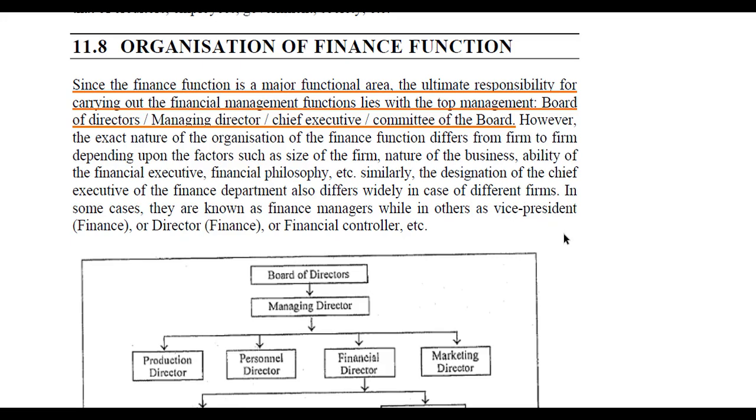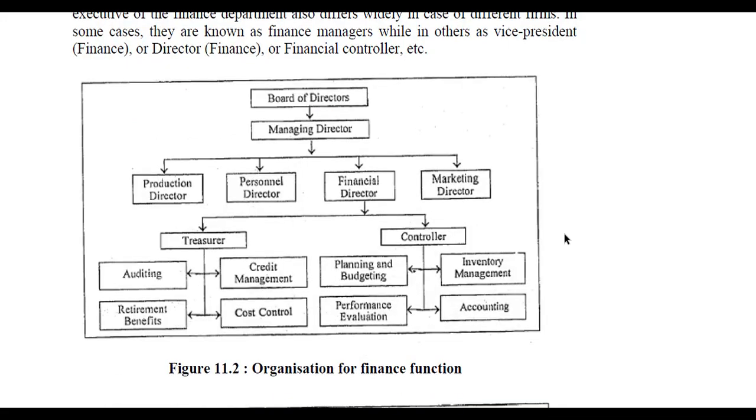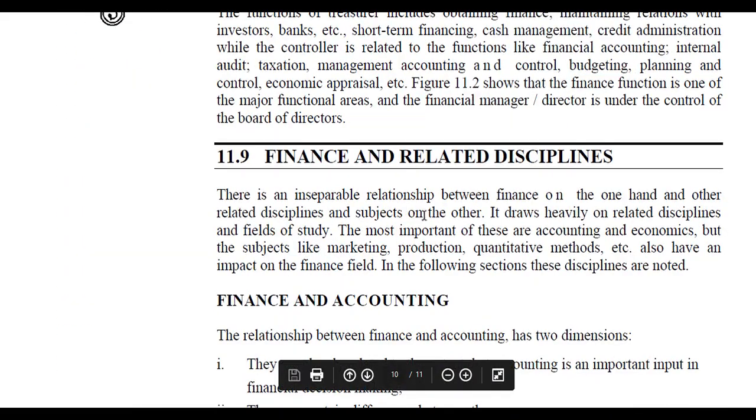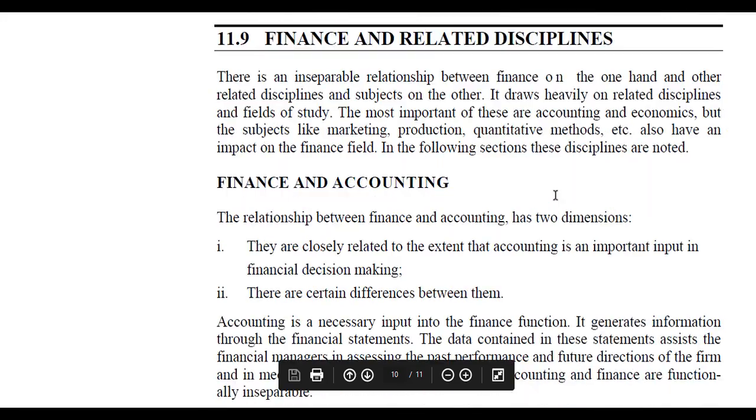In some countries, different designations are there, like director, vice president, chief financial officer, financial controller. The designations may vary, but essentially the task of financial management lies with the top management. Right?